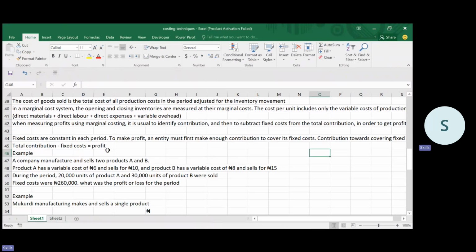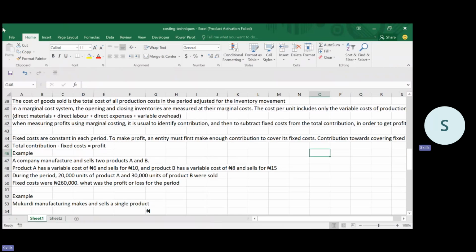So this is the quantity sold: for product A, 20,000 units, for product B, 30,000 units. The fixed cost is 260,000. What was the profit or loss for the period? So now we're going to determine the profit or loss from this.